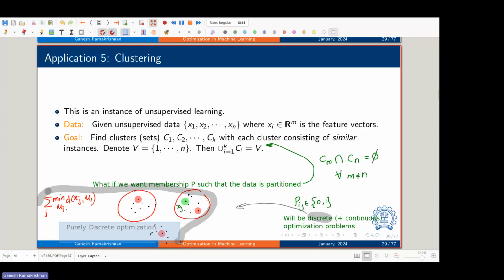So now, which of these is a discrete optimization problem? Okay, so 1 is a discrete optimization problem. Hard K means. Is it only a discrete optimization problem?